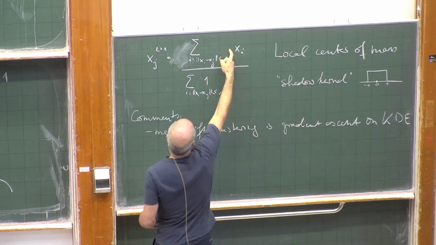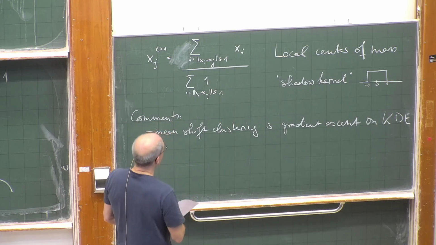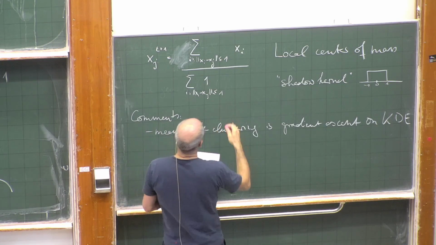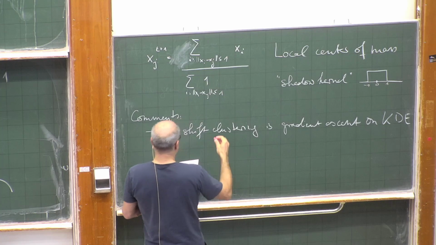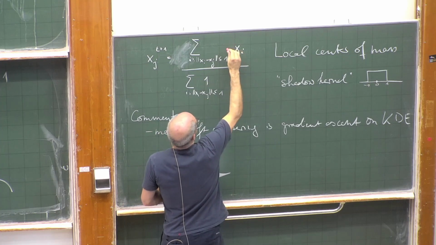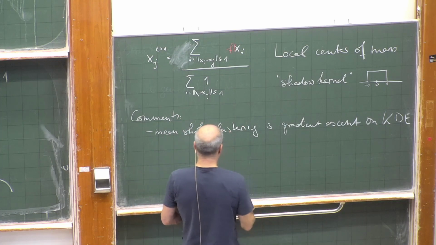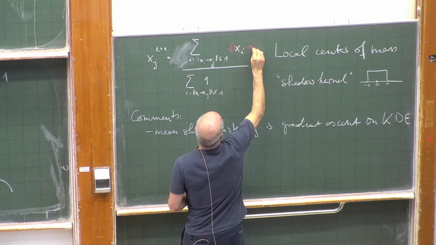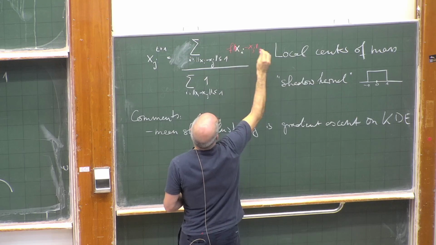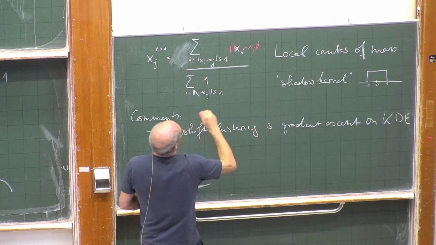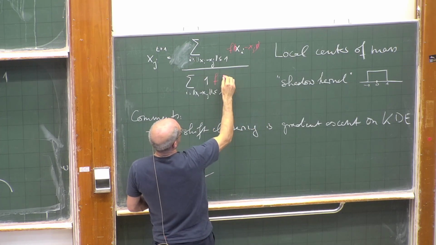And here we could choose some other function, some function that depends on xi minus xj, and we could add this function down here.